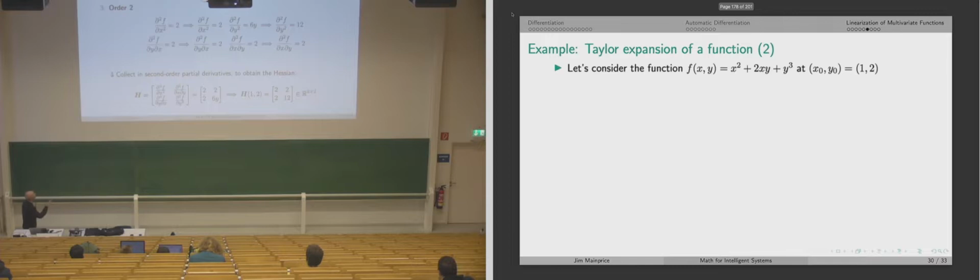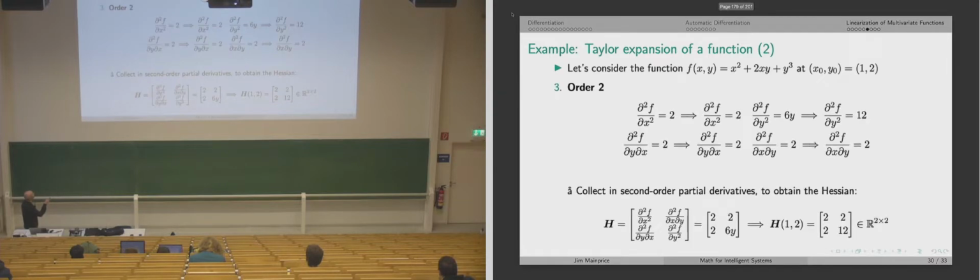And then for the second order, we compute the second order derivatives, and this is not constant because we have this term here, which still depends on y. So we have to plug in 2 here, which ends up being 12. So here we constructed the Hessian matrix, right? That's the whole point.